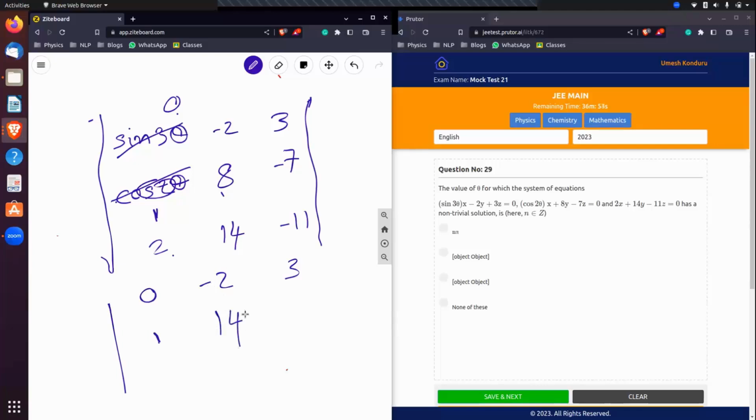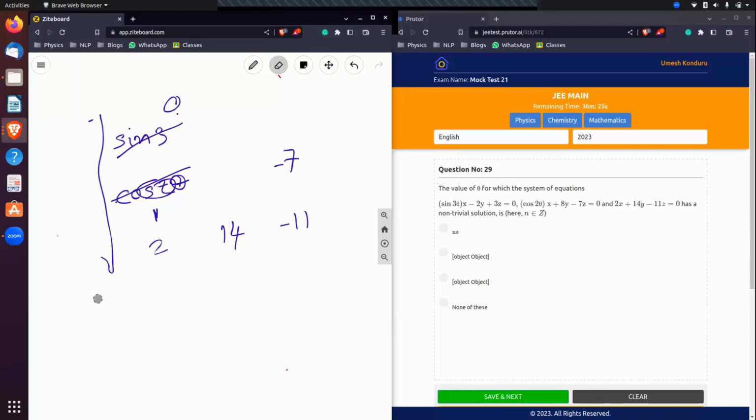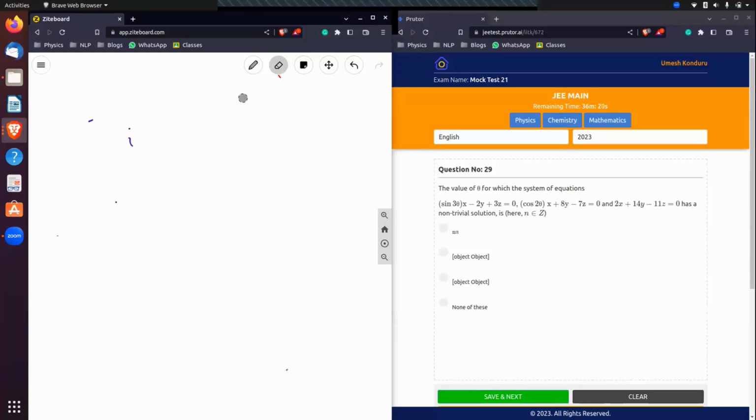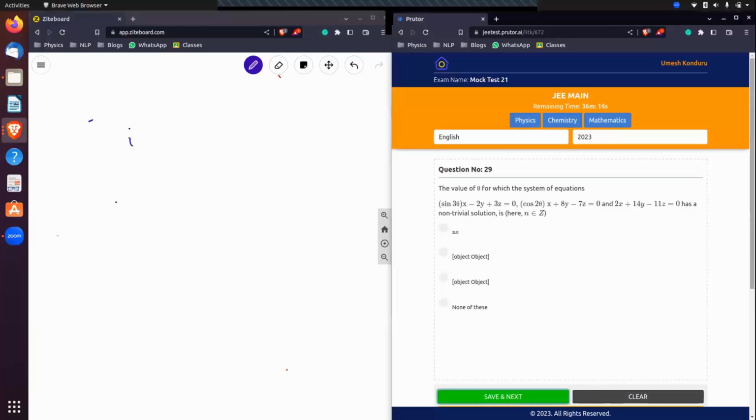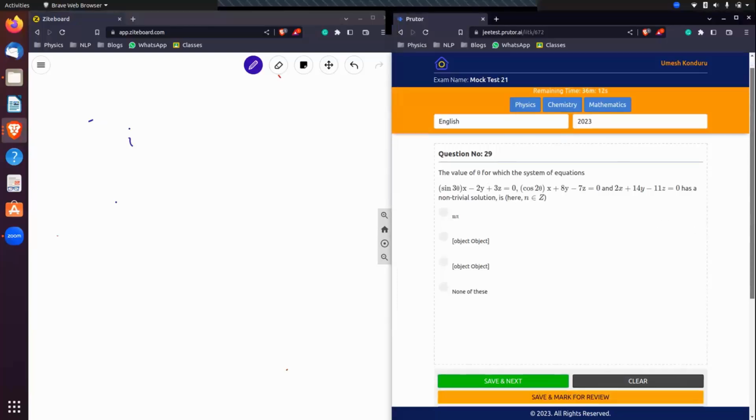Get 14 and then minus, wait a second. I'll just let this go for now. Okay, so it's just a matter of computing the determinant really and then checking with the options which ones make it 0. So I'll leave this one.